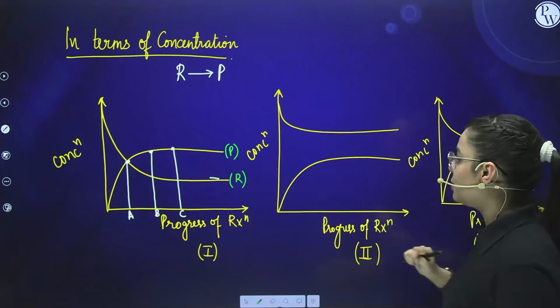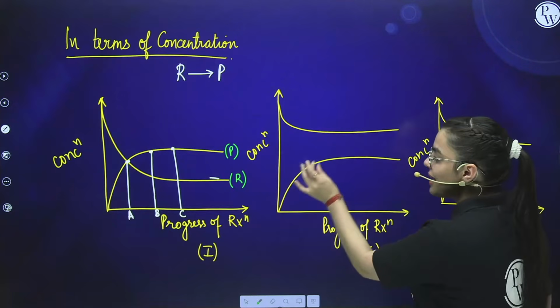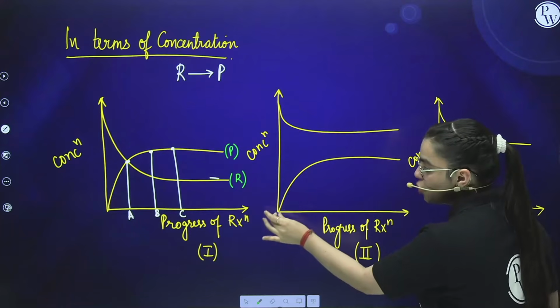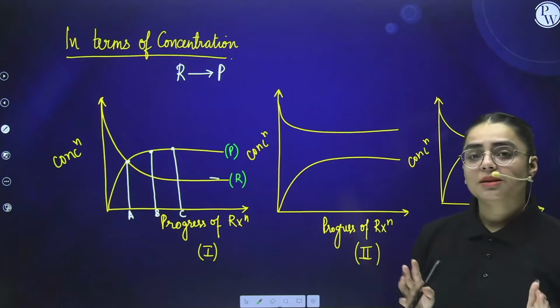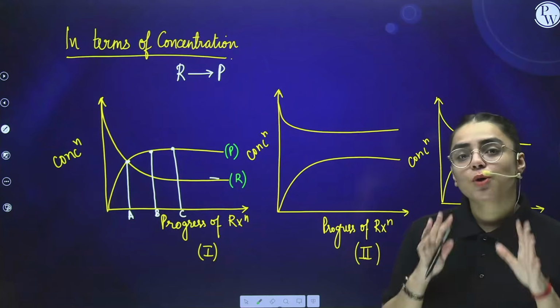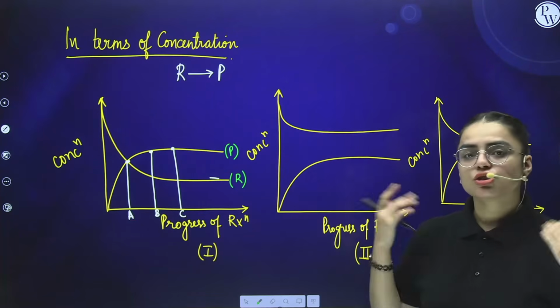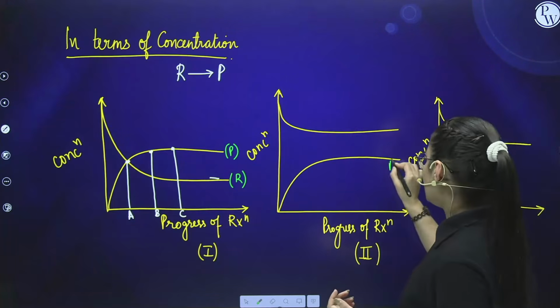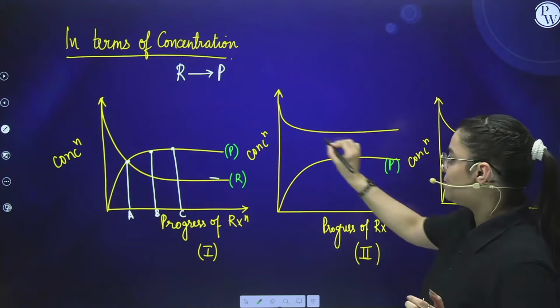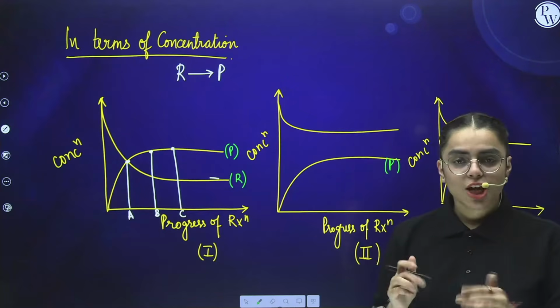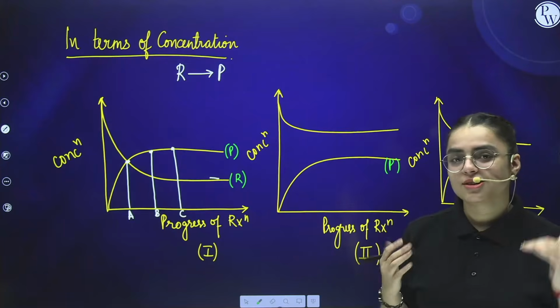Now, if I talk about this graph, again, this line is increasing from the initial 0 point. It is increasing. That means which state is it? It is the product state, which is increasing. The concentration of product is increasing, right? And if I talk about this line, students, it is decreasing. So the concentration of which one decreases to form what?